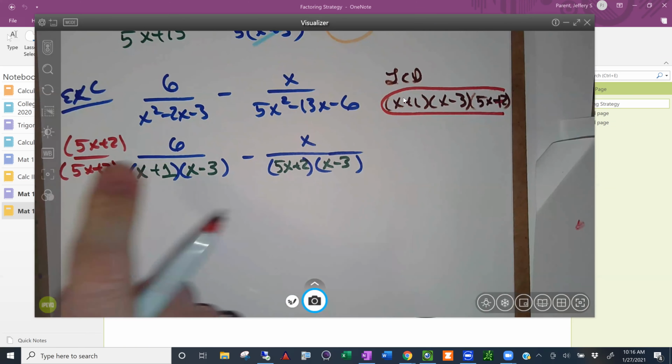Okay, so let's do another one. Example D. Example D is going to be a little bit more friendly. And it kind of goes to your question, Lourdes, just a minute ago, where you need a common denominator.